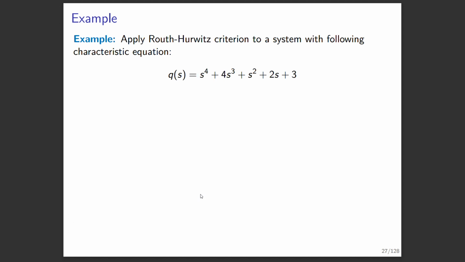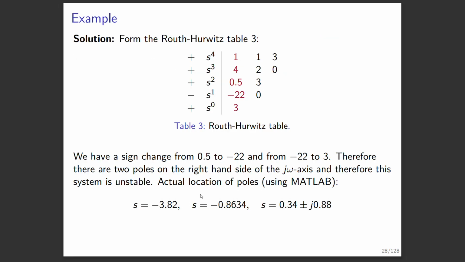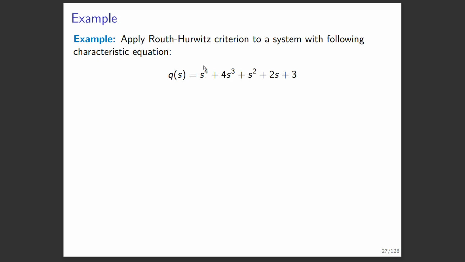So let's skip this example. Let's work on a numerical example. I have this polynomial and I want to apply the Routh-Hurwitz criterion to it. First I start populating my table.